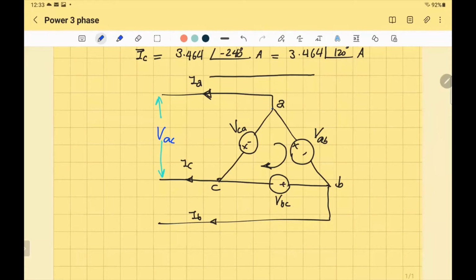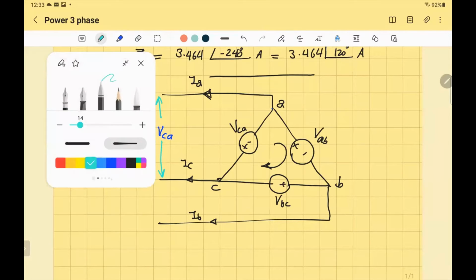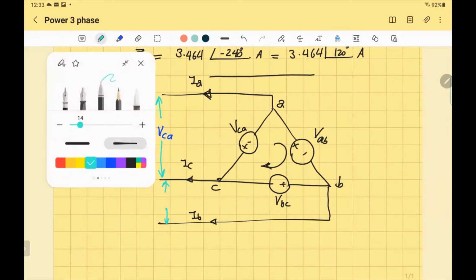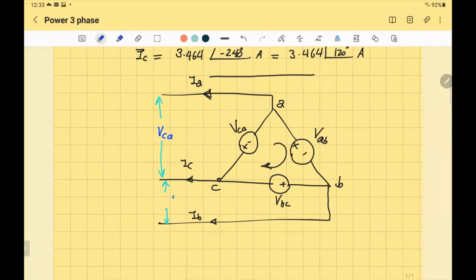It depends what you're looking for. If you want to keep it the same, I'll say I will look at the voltage VC with respect to A. And between the other two lines, you have line C, you have line B, that voltage between C. And the last one between A and B.